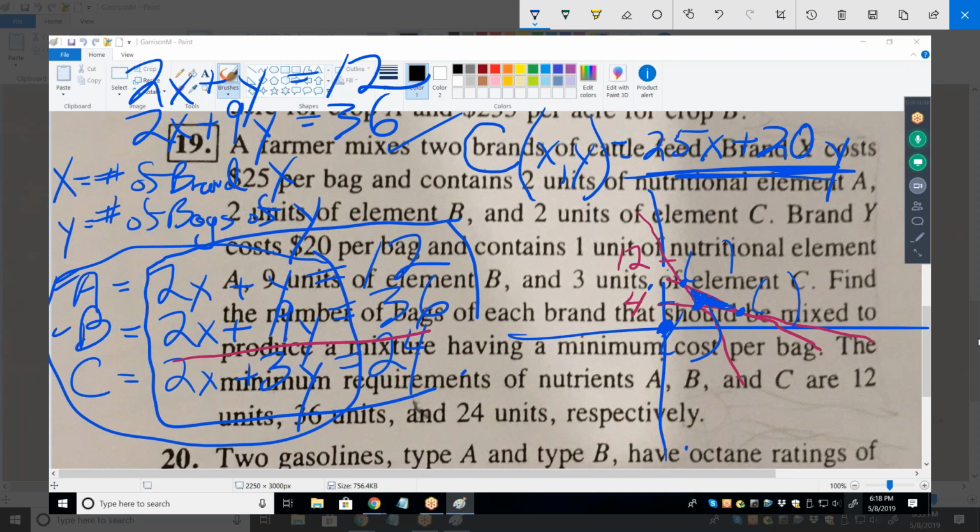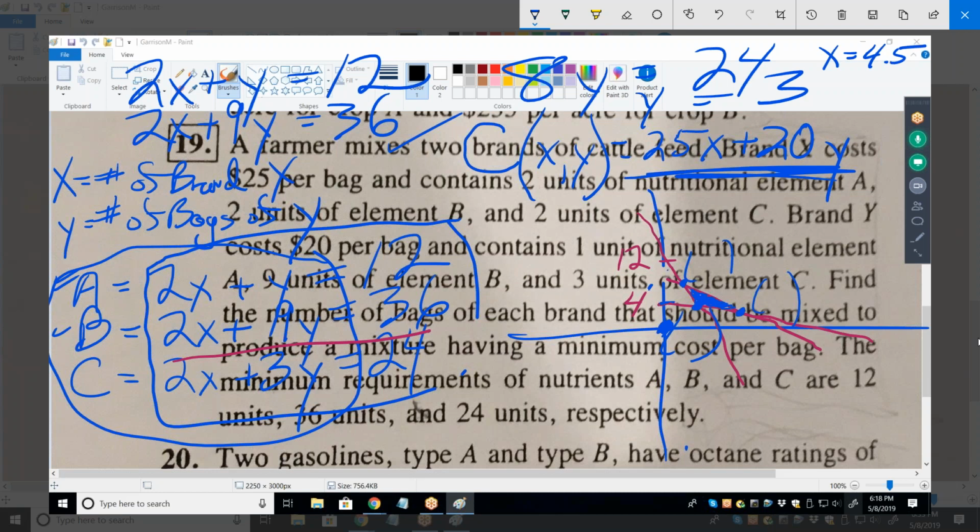I'm going to subtract the top one from the bottom one to get 8y equals 24, y equals 3. And if y equals 3, that means x is 4.5.